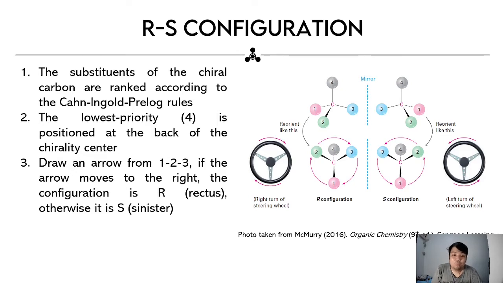If the arrow moves to the right, in a clockwise direction, then the configuration is R, which is short for rectus, a Latin word for right. If it moves counterclockwise, to the left, the configuration will be S.